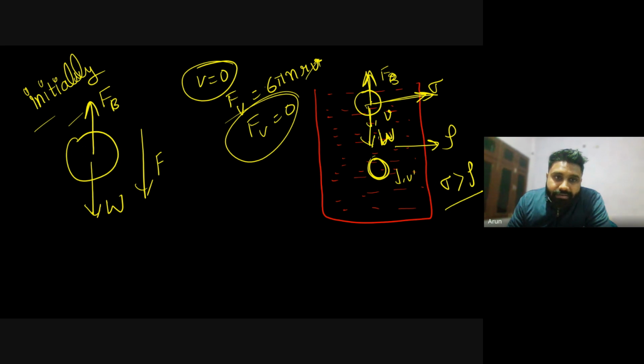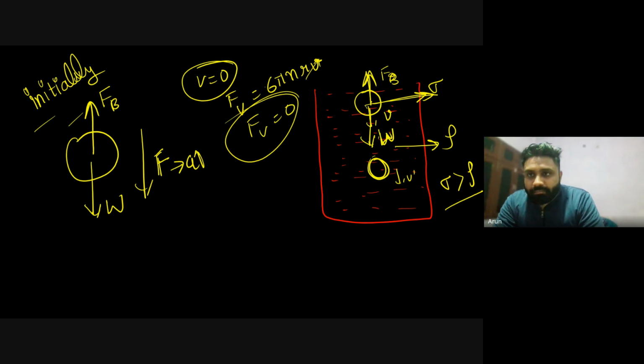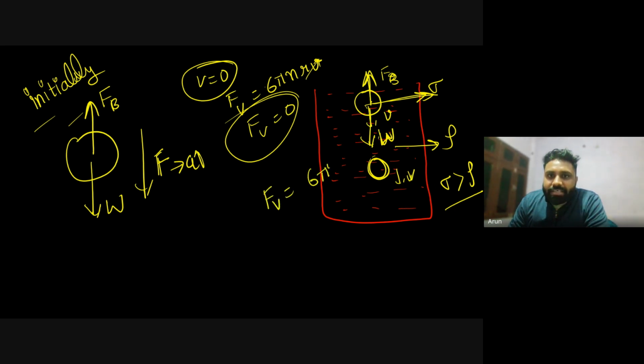So there is an external force, so there will be an acceleration. Initially it will accelerate. Now it has gained some velocity because of the acceleration. Let's say v at this particular point of time. So viscous force will also come, 6 pi eta rv.